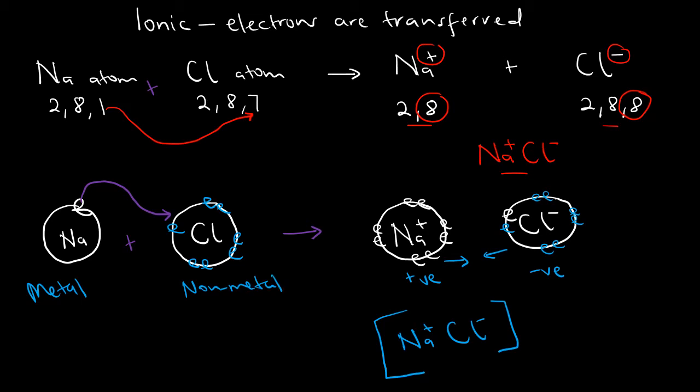And an ionic bond basically involves the formation of ions, because we are seeing the positively charged sodium ion, which is a cation, and the negatively charged anion. So that's why we call it an ionic bond, because it involves the formation of ions.